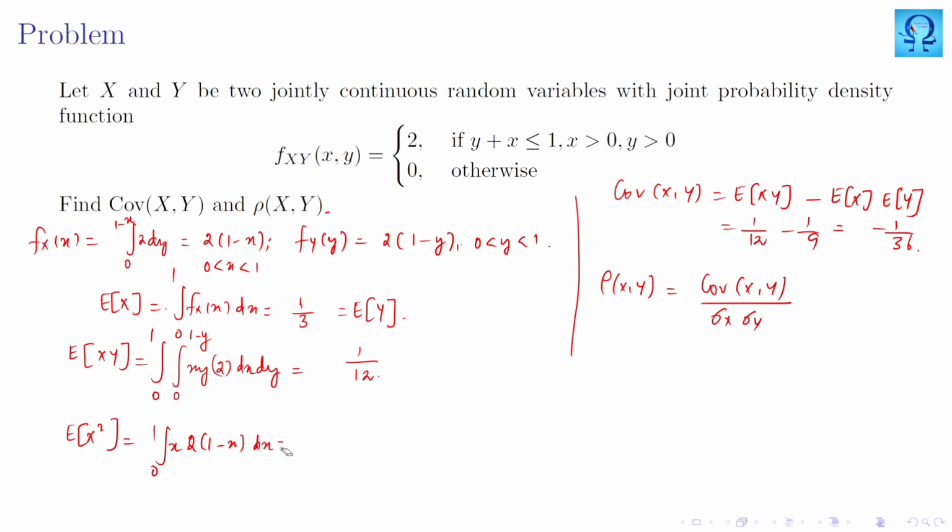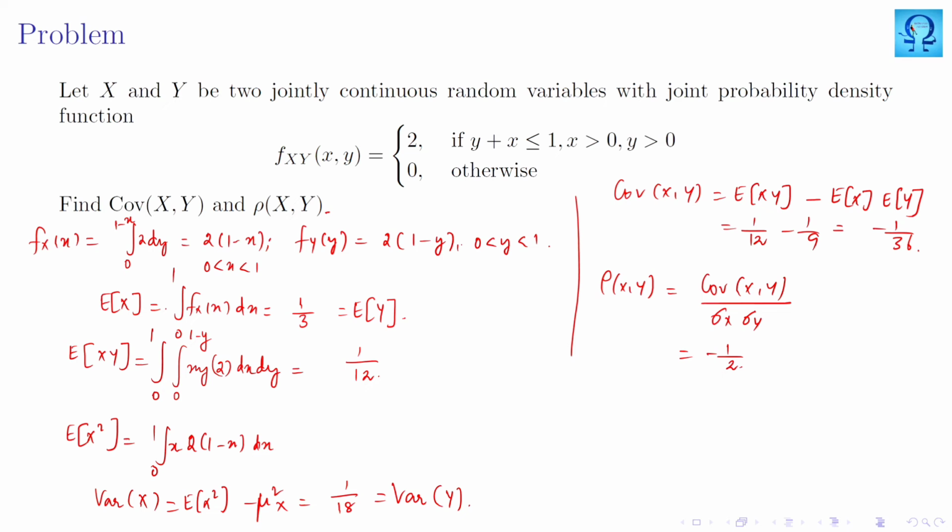So this way you will calculate this one, and variance of x is expectation of x square minus mu x square. So this value comes as 1 upon 18. This value is same as that of variance of y. Okay, and substituting these values in this, you get this correlation coefficient as minus 1 upon 2.